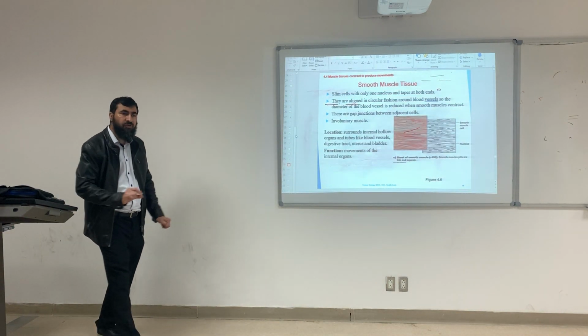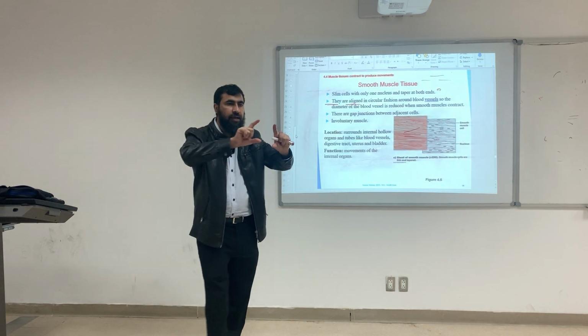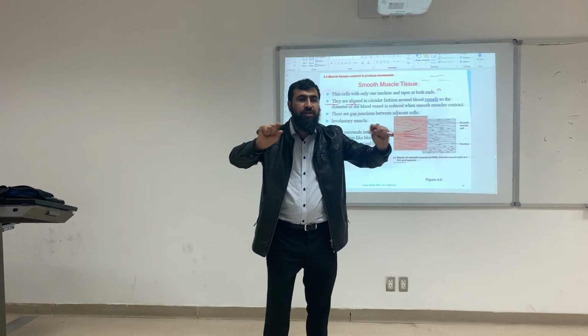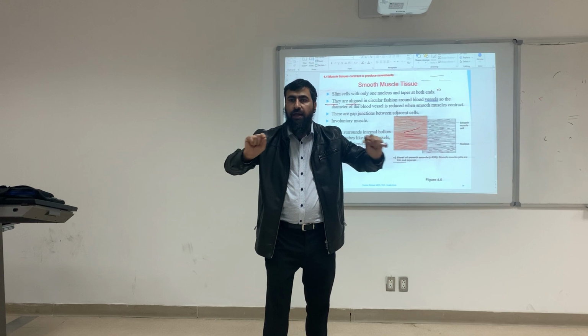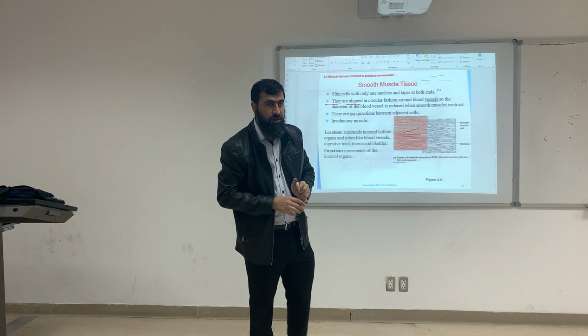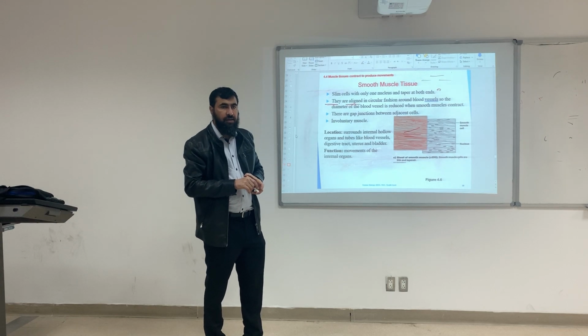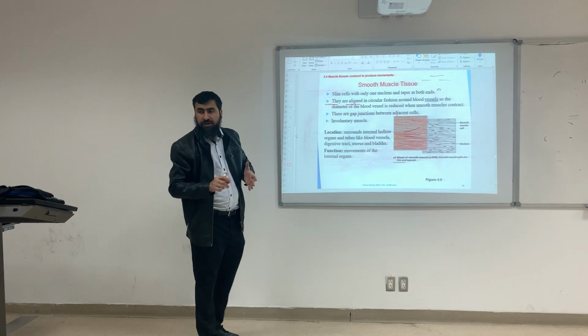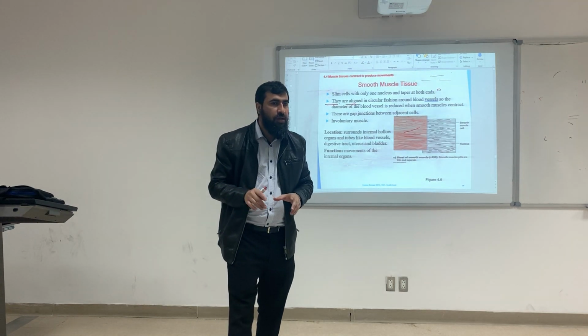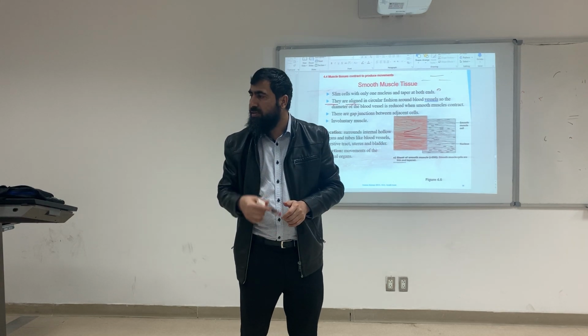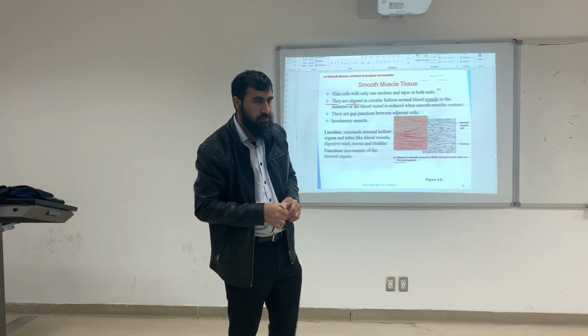The smooth muscle, we find these long cells that are pointy at the end, or tapered, okay? And we don't find striations in these ones, alright? They're single nuclei, okay? Involuntary, so we don't have control. We find it around hollow organs and blood vessels, okay?